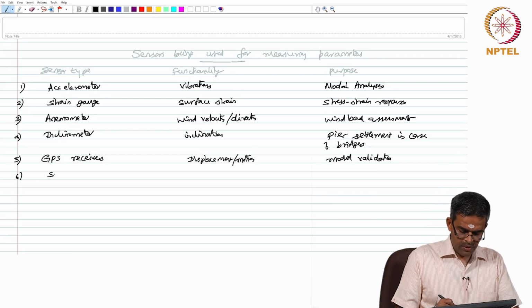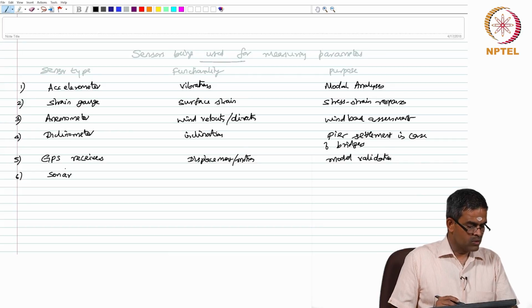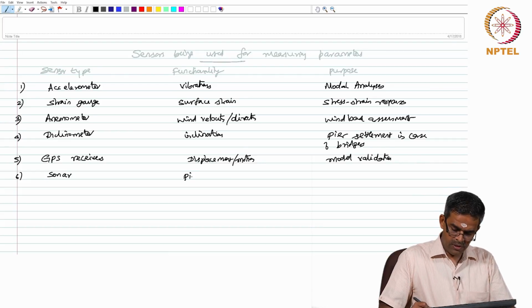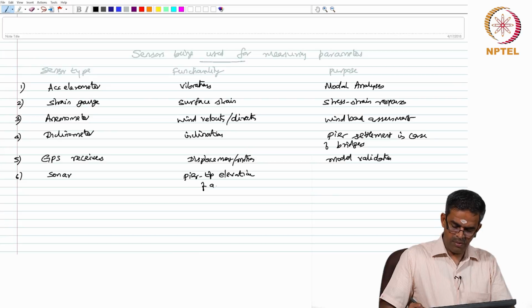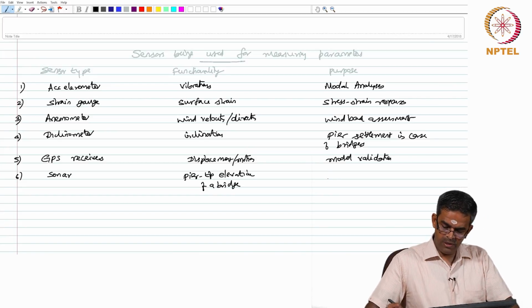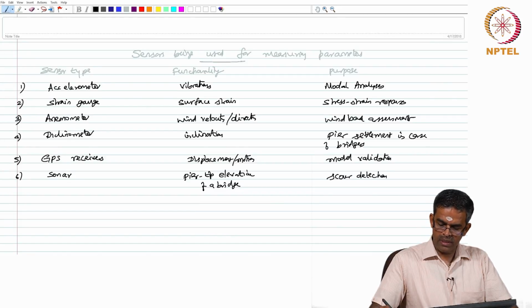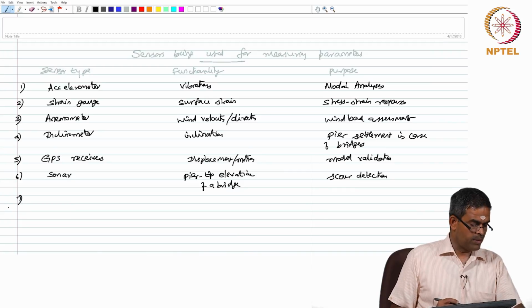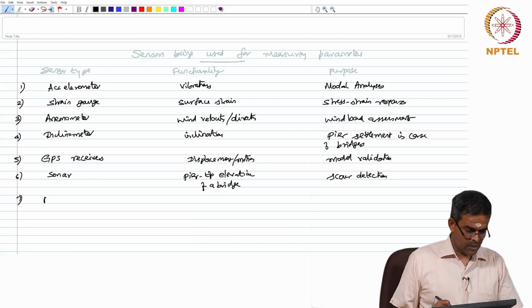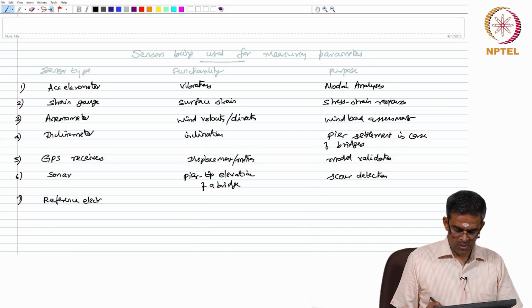The next could be sonar. This is useful in measuring pier tip elevation, maybe of a bridge. It is useful in detecting scour of the bridge piers. Next could be reference electrodes.